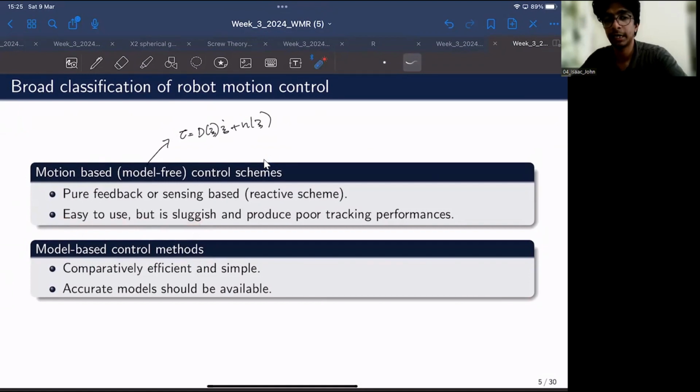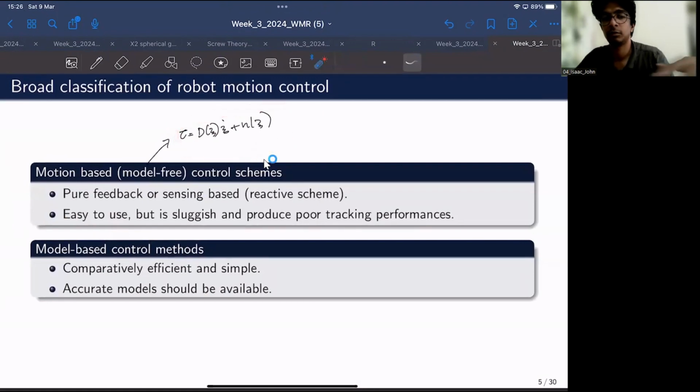It depends on the sampling rate of the sensors and how fast you can send the control signal back to the actuators. And this could also cause some poor tracking performance, because if you don't know the model of the robot, over time it could deteriorate.